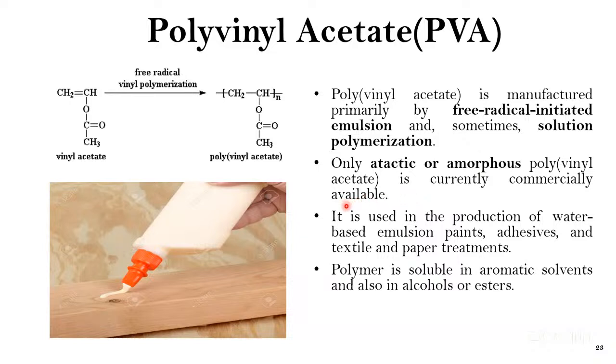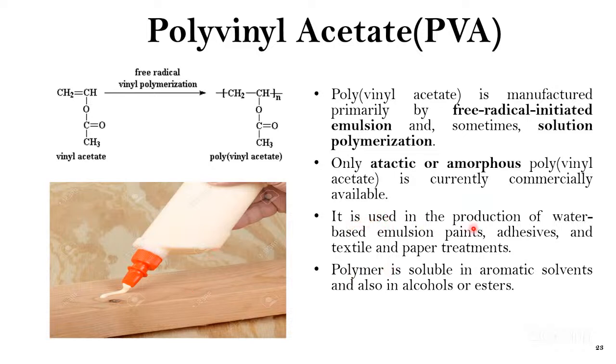PVA is mainly used as an adhesive, meaning glue. If you see this pictorial diagram, polyvinyl acetate is mostly used in the market as glue. Different kinds of glue available in the market are manufactured from polyvinyl acetate.